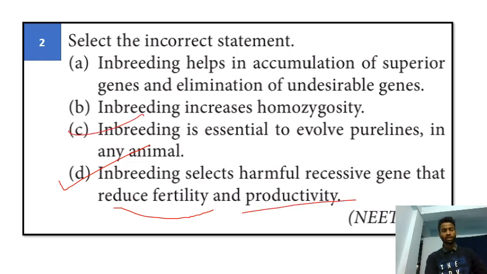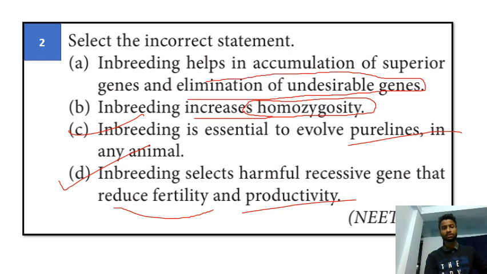C is also correct because inbreeding is essential to evolve pure lines. Inbreeding also increases homozygosity. But inbreeding does not eliminate undesirable genes. So this is the answer. The answer is A.